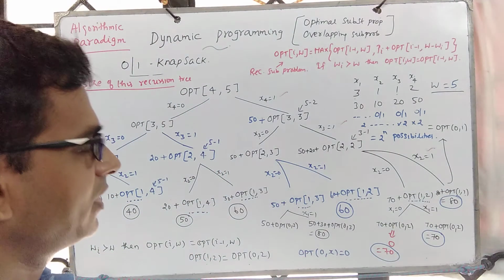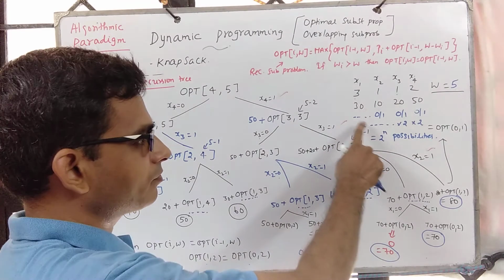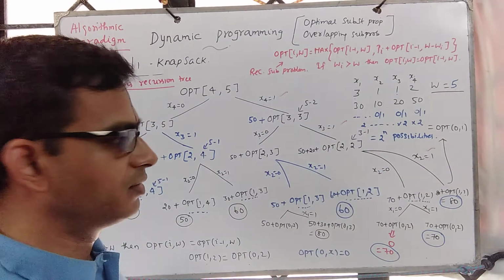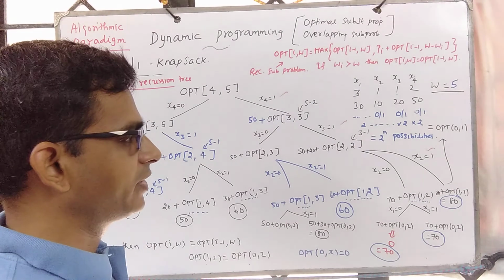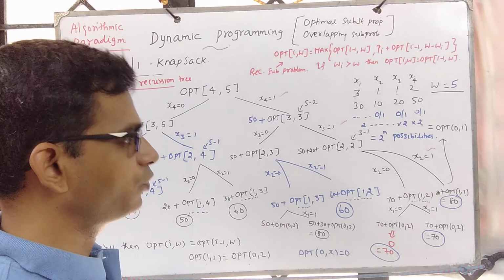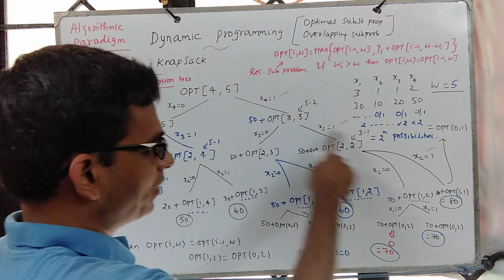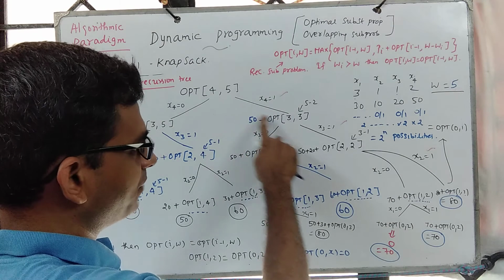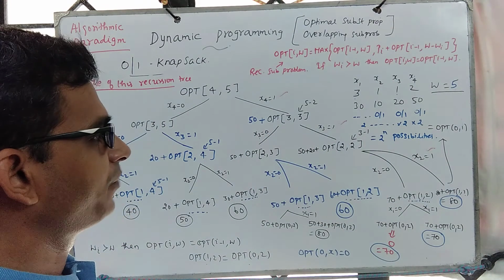Or put in other words, how many different binary strings are there of length n? There are 2 power n. Or how many different subsets are there of size n? That is also 2 power n. And this binary string says 1 1 1 1 everywhere. This binary string says 1 1 1 followed by say 0.